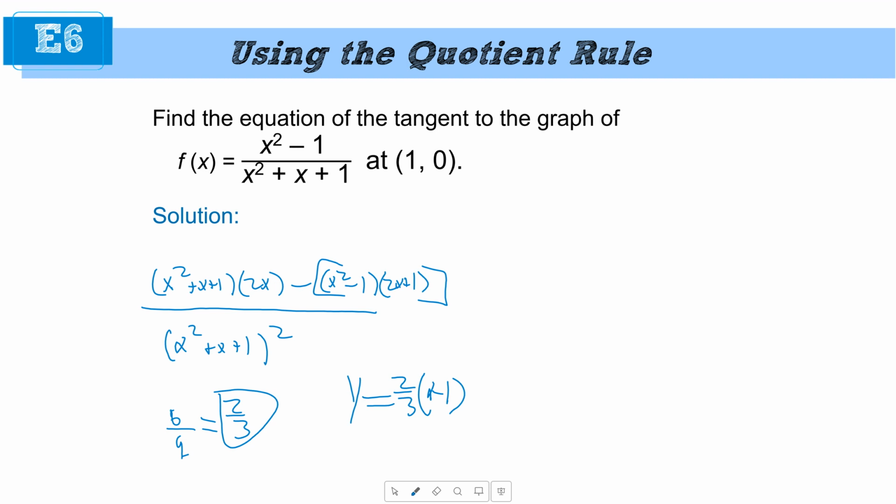And in fact, if we want to get a little fancier, we could say f prime of 1 is equal to that. Or call it m, the slope. Something so that numbers aren't just flying out of nowhere. By writing this, you're telling the reader, i.e. the grader, yes, I know what I'm doing. I got this number by plugging 1 into the derivative. Okay? Problems?